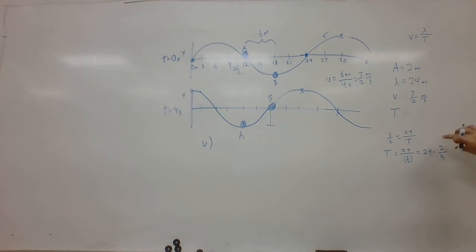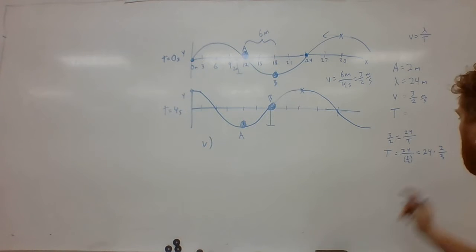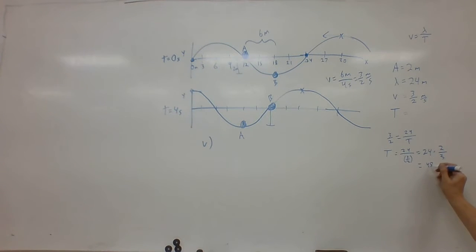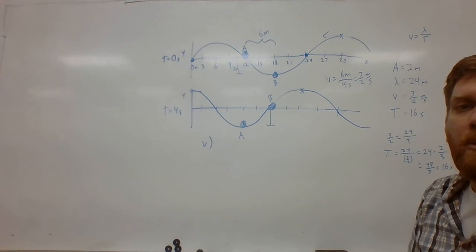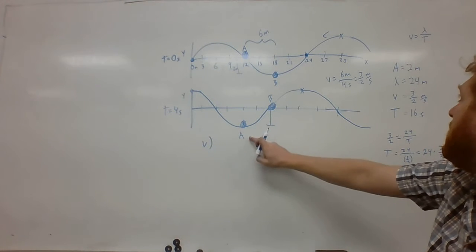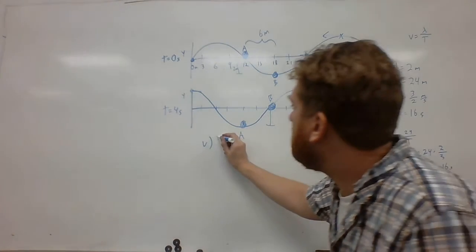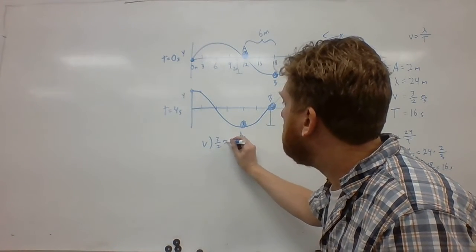Always just invert the fraction and multiply. So this is equal to 48 over 3, which is equal to 16 seconds. Good. We've determined this information. We also answered question 1, which is the velocity. It's 3/2 meters per second.